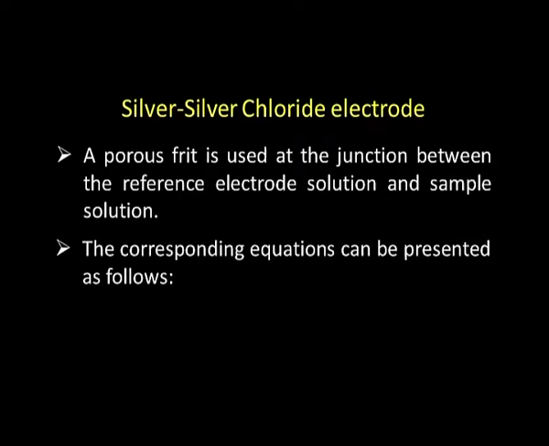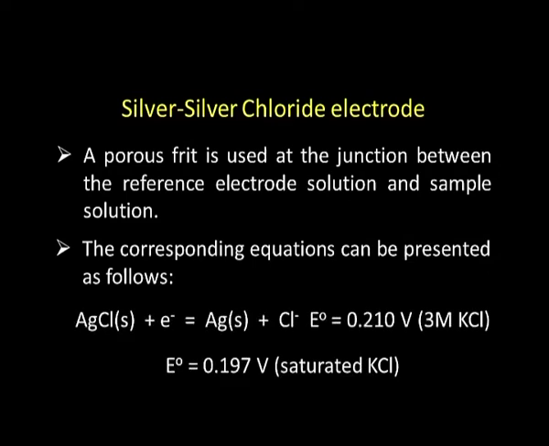The corresponding equations can be presented as silver chloride solid takes an electron to give silver solid plus chloride ion. The standard electrode potential for this reaction is 0.210 volt in 3 molar KCl and 0.197 volt in saturated KCl.